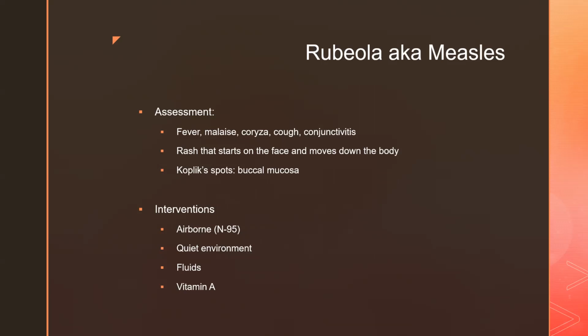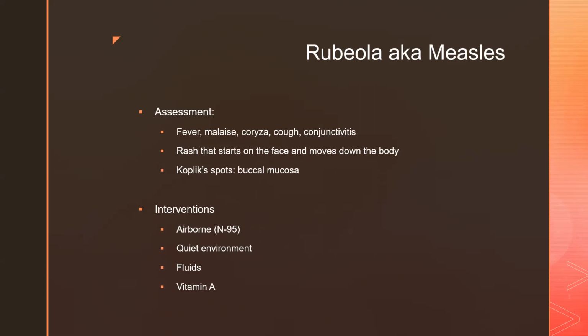And so what do we do about that? We're putting them in an airborne room, okay? Like we talked about, most facilities are going to err on the side of an airborne room, and it's going to require an N95 mask. We want a nice, quiet environment. We want to make sure we give plenty of fluids.